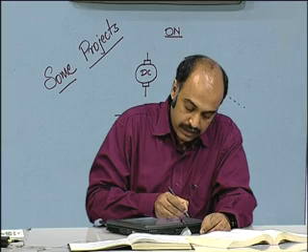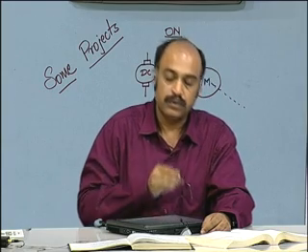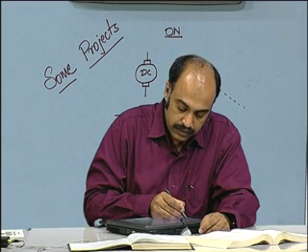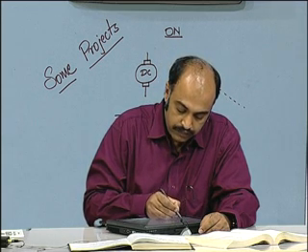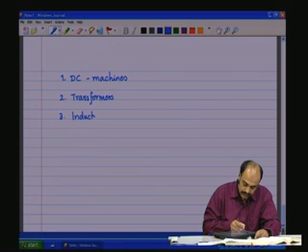So if I recall and list down some of the projects that we could think of related to these major categories, one is the DC machines, second is the transformers, and third is the induction machine.